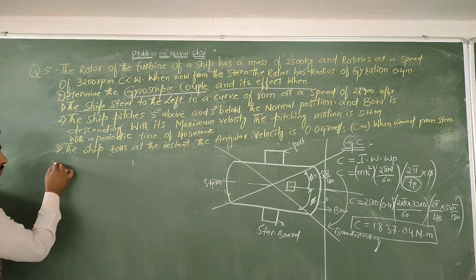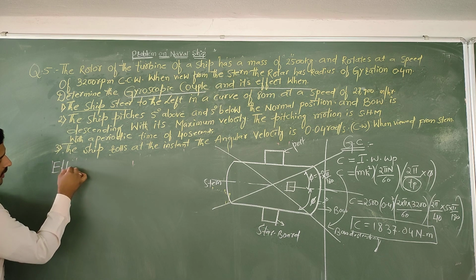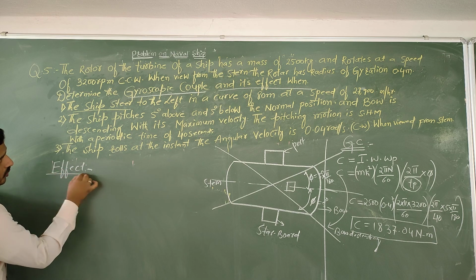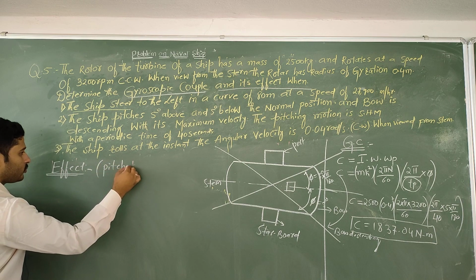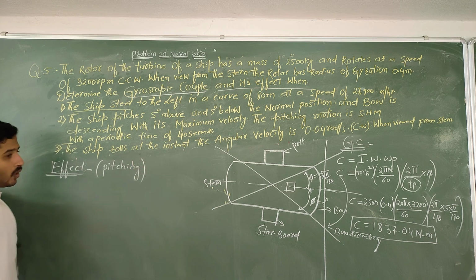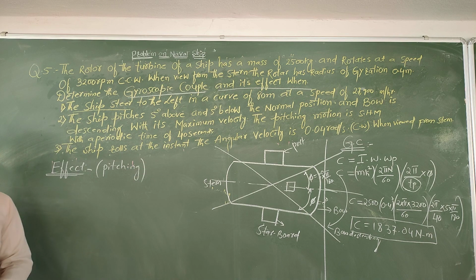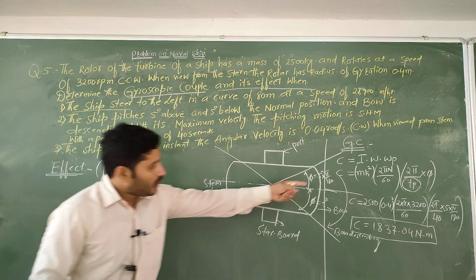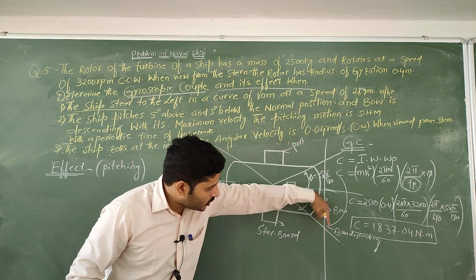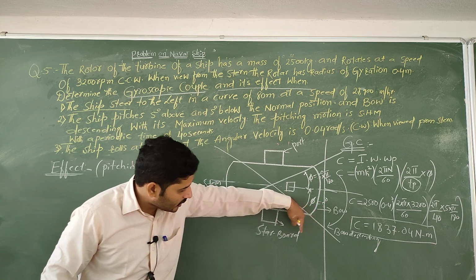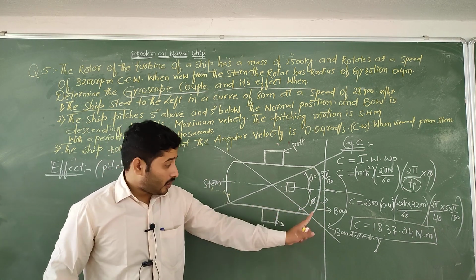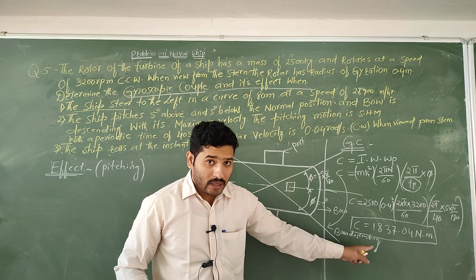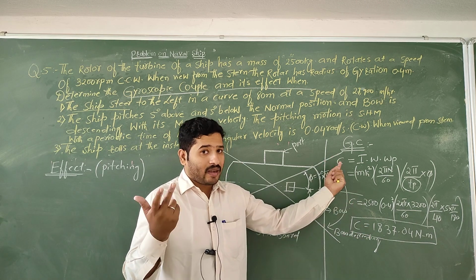Let us see what will be the effect during the pitching. Already in the last class we have learned that if the bow is descending, it is descending toward the starboard.